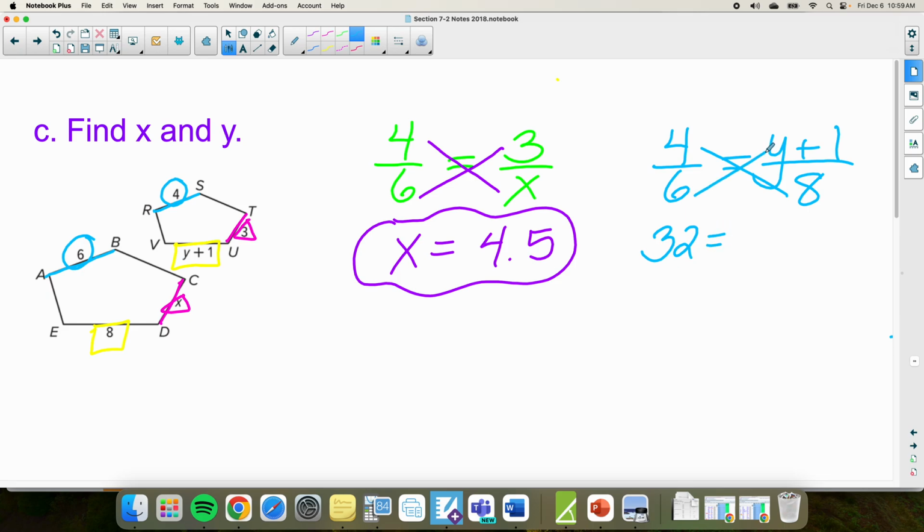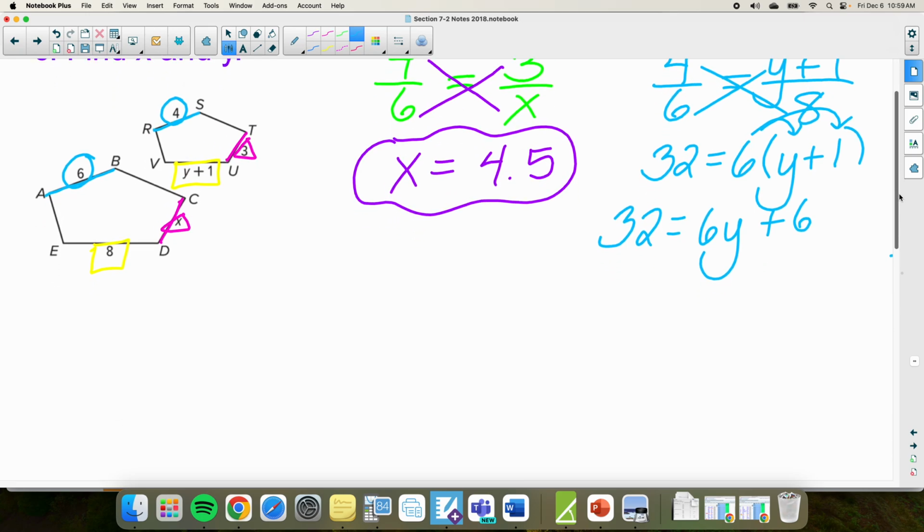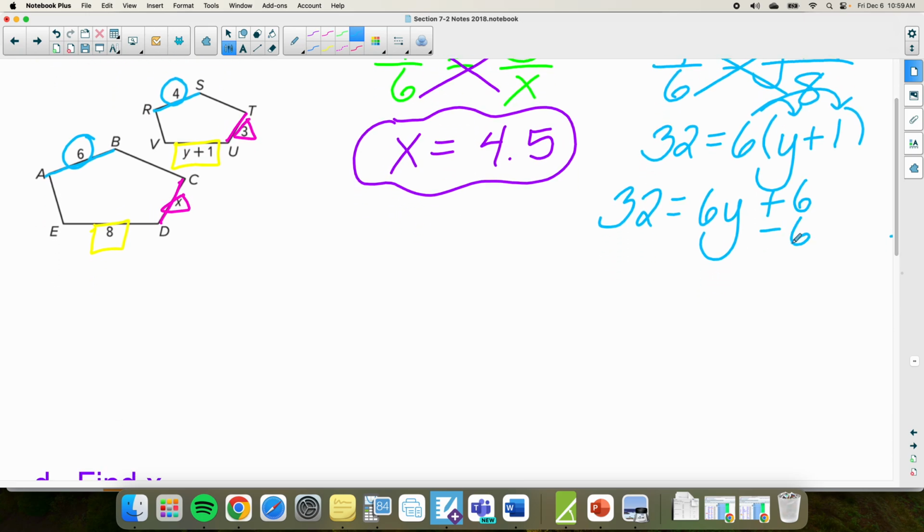If I multiply these 2, it's 6 times y plus 1. Okay, so then I have 32 equals, if I distribute this 6, I get 6y plus 6. Then I'm going to subtract 6, and 6y equals 26.